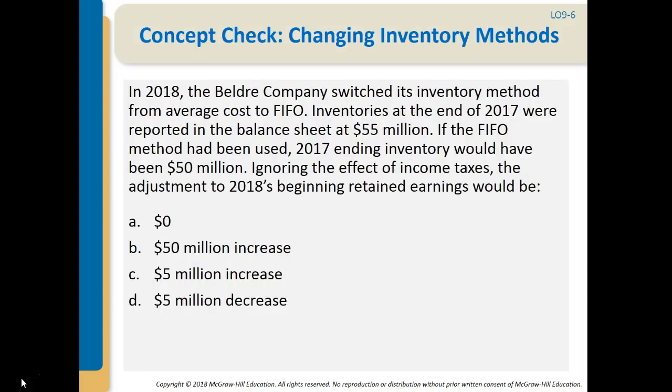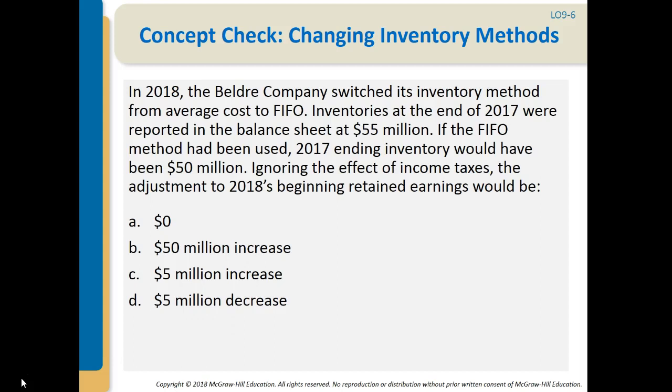Let's take a look at the next concept question. In 2018, the Beldry Company switched its inventory method from average cost to FIFO. Inventories at the end of 2017 were reported in the balance sheet at $55 million. If the FIFO method had been used, 2017 ending inventory would have been $50 million.